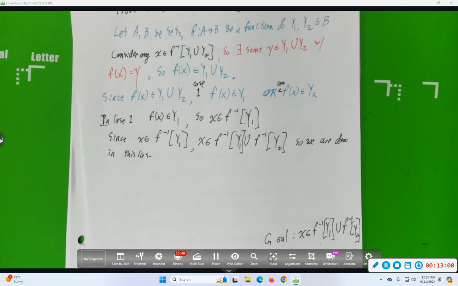So in case 2, f of x is instead in y2. Does case 2 differ from case 1 in any way? Replace the 1 with 2's.